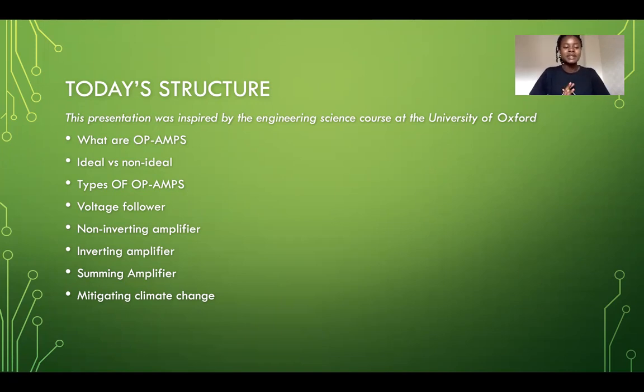I was really hoping to go into detail about all of the ones I've covered, but there isn't enough time, so I won't be able to do that today, but we will get through a lot of them. I've also added some further reading if anyone would like to do that. And then I hope to end this lecture by talking about mitigating climate change, because I've heard that you have to do a project about that during this summer school, so that should be good.